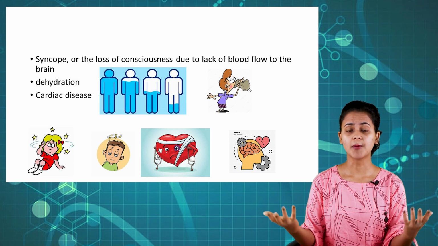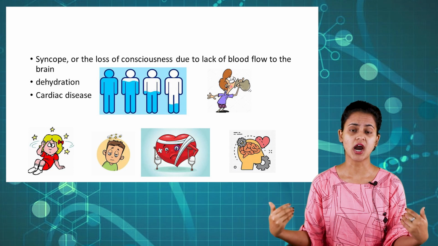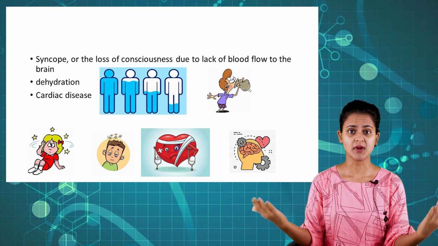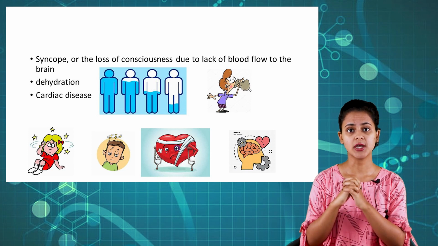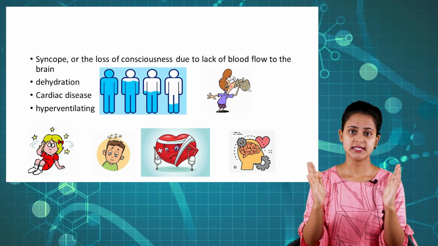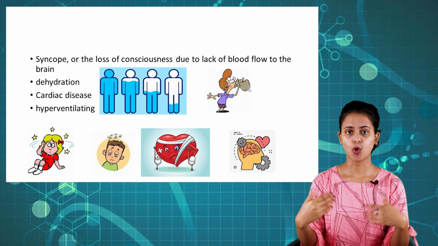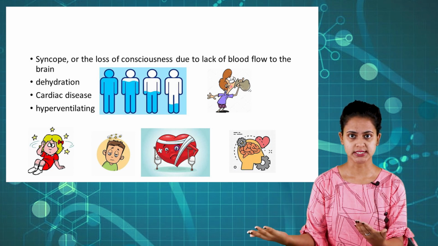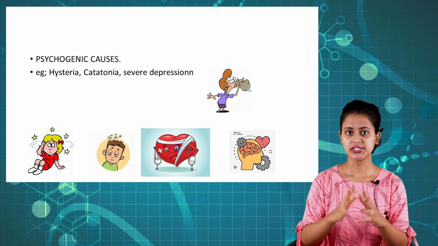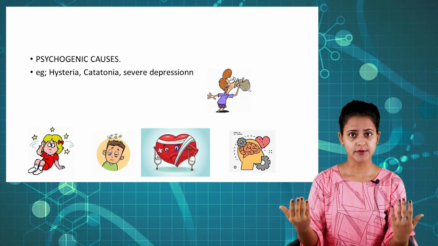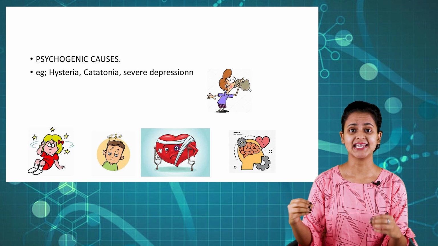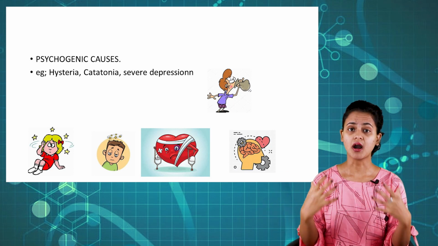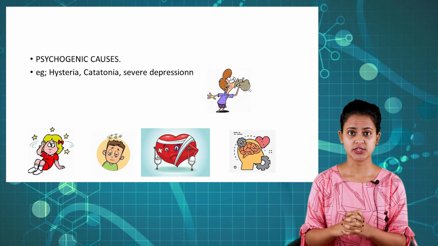That is the reason a person with a severe heart blockage or a sudden heart failure may seem unconscious at the initial period. Hyperventilation almost always will be associated with the development of unconsciousness. The next conditions, which are not very common but can be associated with unconsciousness, are the psychogenic causes.